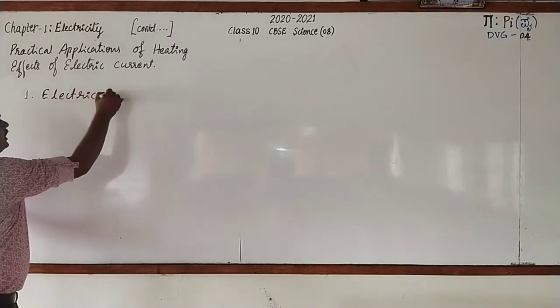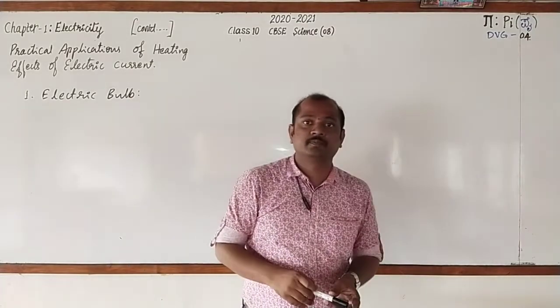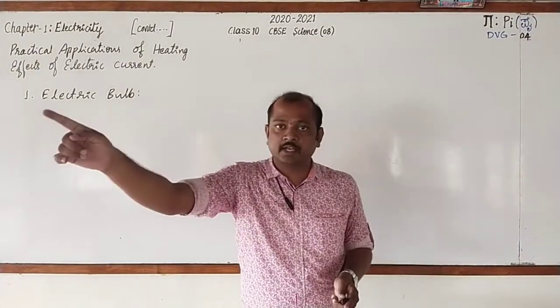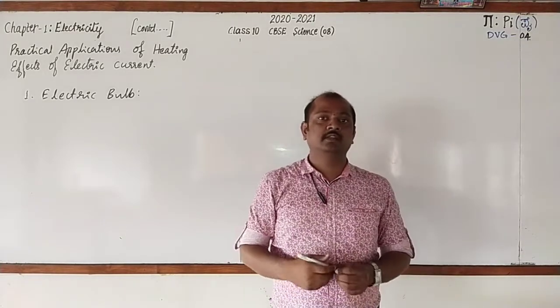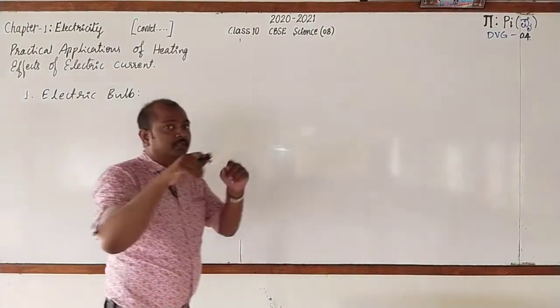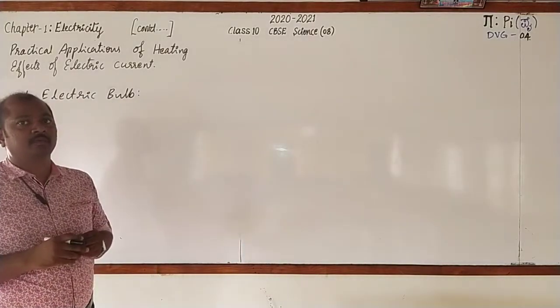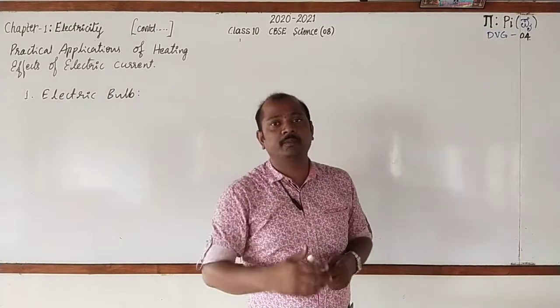Then what is electric bulb? We know that it is a device which converts electrical energy into heat energy, then light energy. You might have seen its construction also, right? In that there will be a filament. It holds a large amount of heat. What is that filament?